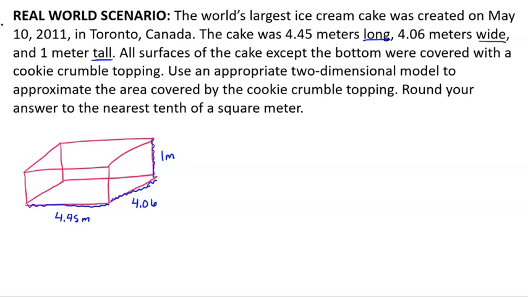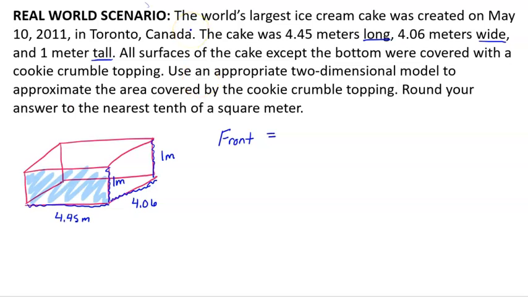And if we're talking about the cookie crumble topping, we're really talking about surface area here. And in thinking about the surface area, if I am talking about the front of our cake, okay, we know that that is going to be 1 meter again here. And to find the area of that front piece of our cake, and so if it helps you with kind of breaking down surface area this way, the front of the cake is going to be base times height, right?